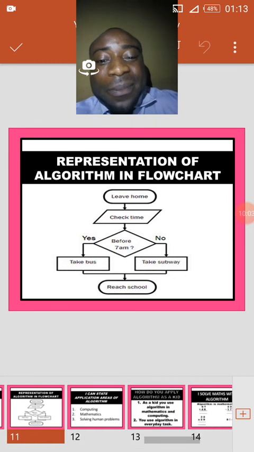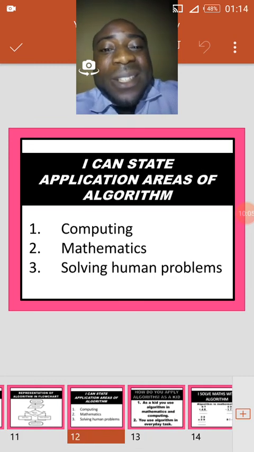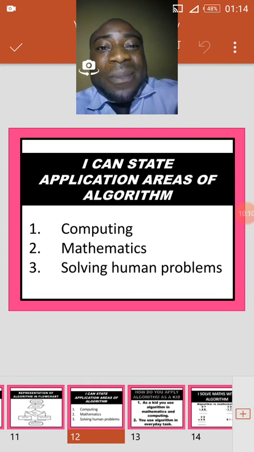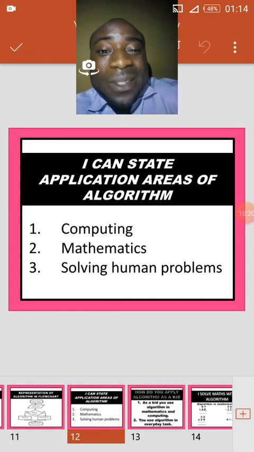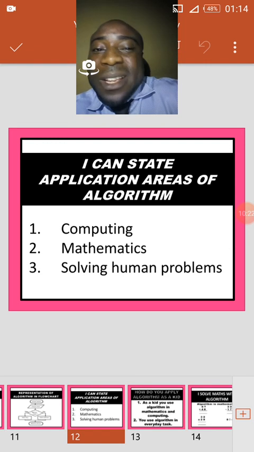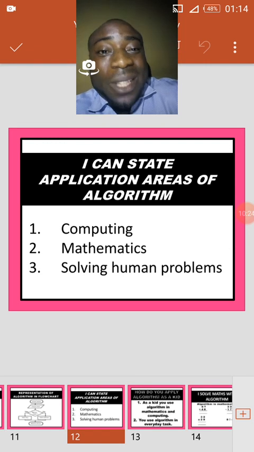Alright, now the next thing we're going to look at is application areas of algorithm, where we can use algorithm. We can use algorithm in computing, in mathematics, and in solving human problems. Can we take that again?